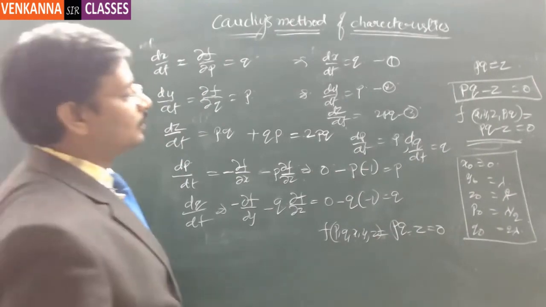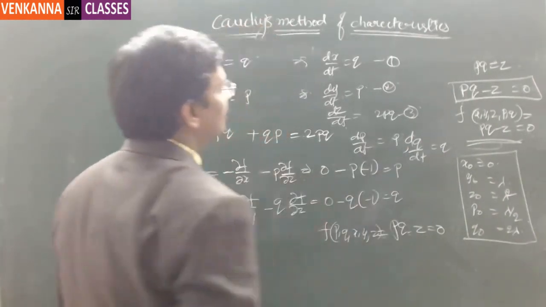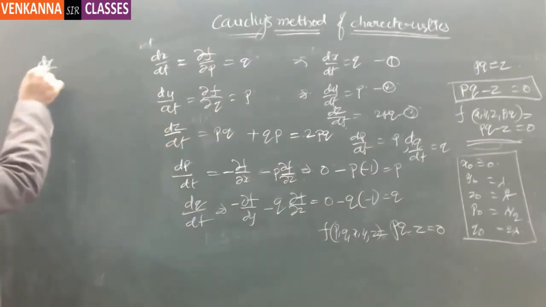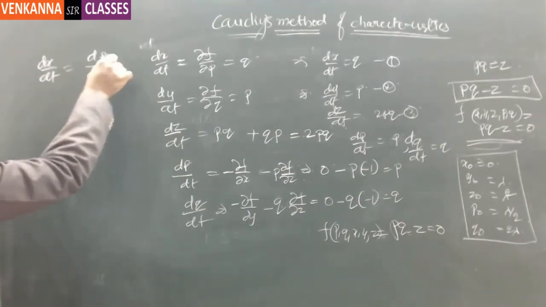Dx by dt equal to Q, and one more equation is dp by dt is again Q. So then dx by dt is equal to dp by dt. This is one equation.